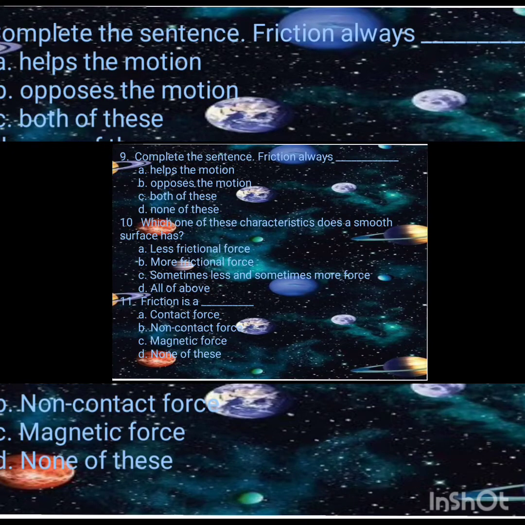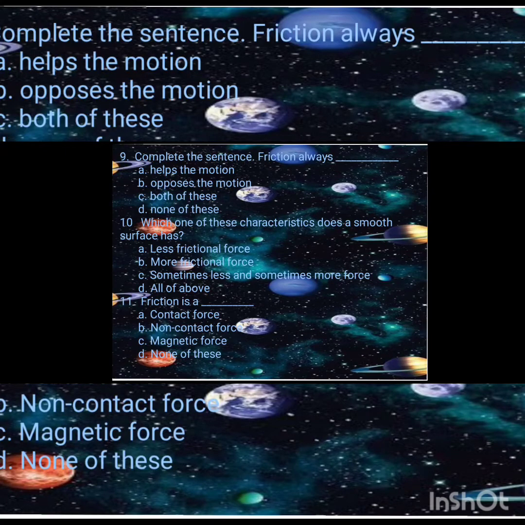Complete the sentence. Friction always A. Helps the motion, B. Opposes the motion, C. Both of this, D. None of this. So the correct answer is, yes, it always opposes the motion.